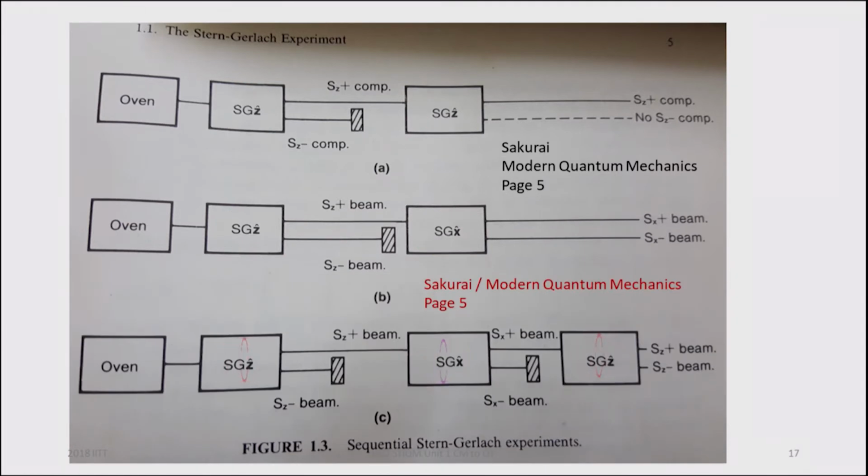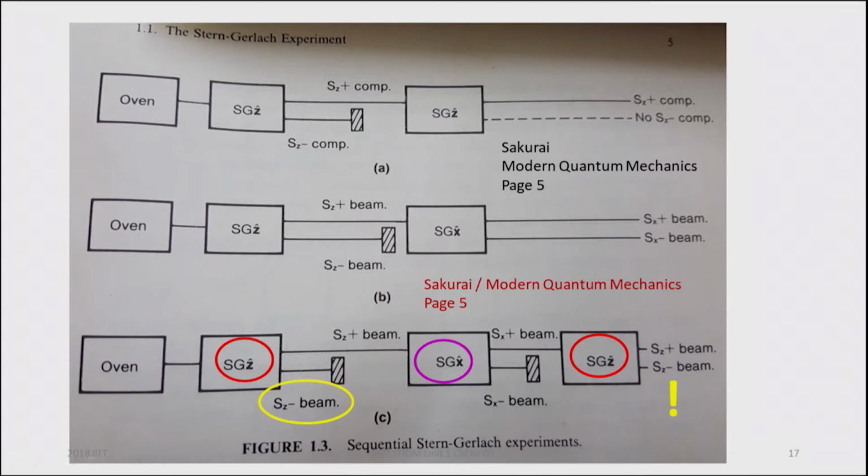And then you stop the one which is spin down, take only one of these and let it go through a Stern-Gerlach apparatus along the z axis, which is the same as the first, and you recover the minus component over here. Now, this is astonishing because you stopped it here, and it is only the plus component which was moving from left to right in this figure, and having stopped the minus component completely, what is remarkable is that you recover the minus component over here.